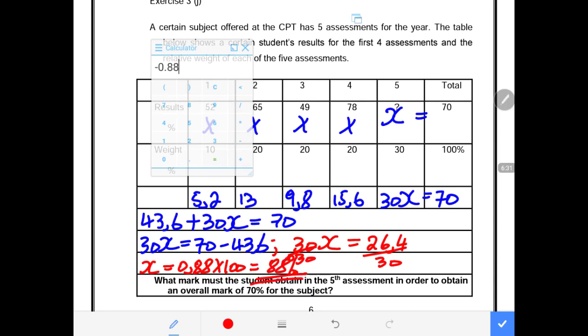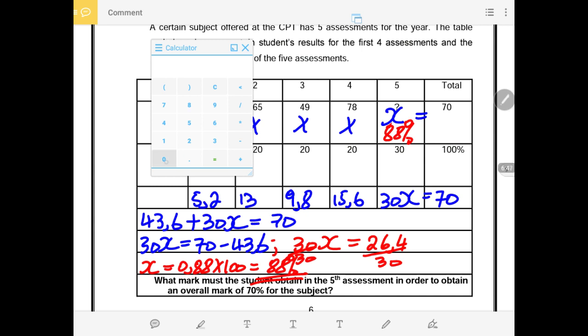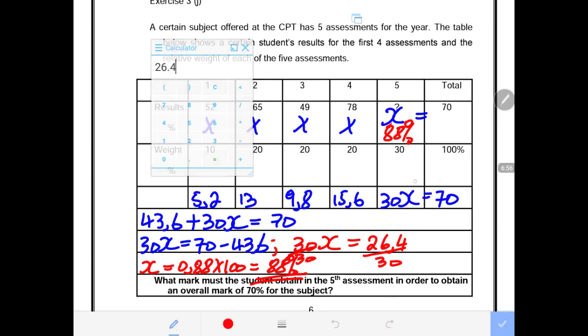That means the student must obtain 88% in the fifth assessment in order for the student to get an overall of 70. Now let us substitute this 88% and see if we really get an overall of 70. I'm just doing this for verification and for broader understanding. 0.88 times by 30 gives us 26.4.